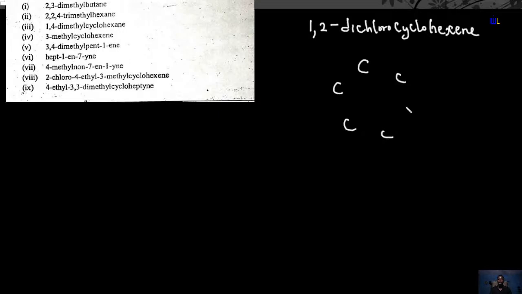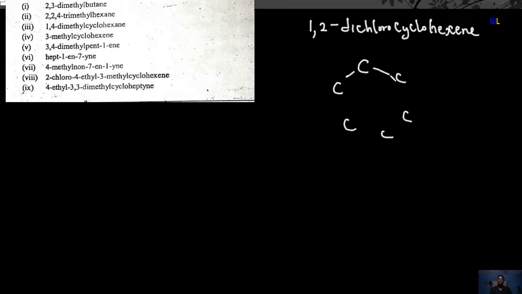1,2-dichlorocyclohexene. So the parent chain in this case is cyclohexene, which means 6 carbon atoms in a cycle. 1 is here, 2, 3, 4, 5, and 6.